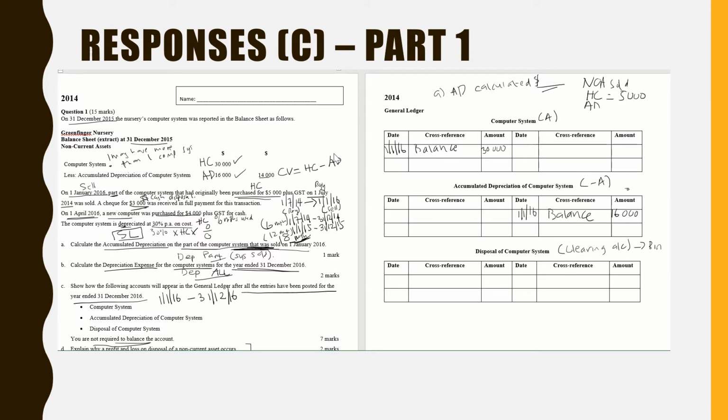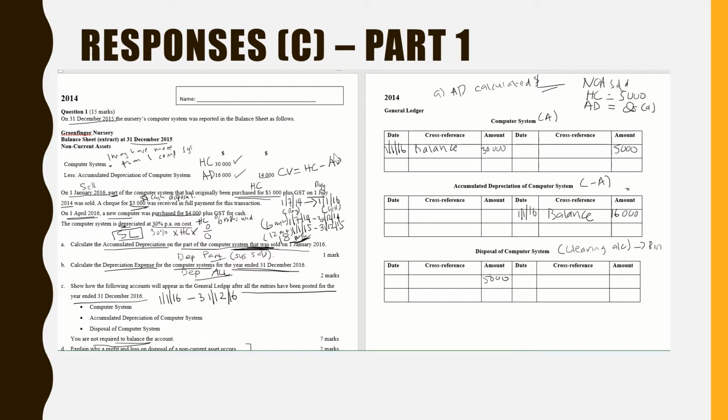The accumulated depreciation, as I said, was already calculated in question A. So please look at what you've calculated from there. And that basically is the two important pieces of information that we need to transfer into the disposal of computer system account. So we are transferring the cost from here, and we have a cost of $5,000 credit to this account, and therefore debit the disposal account, because that's where we are throwing our old system to the bin.